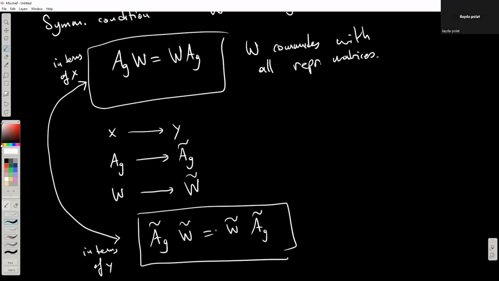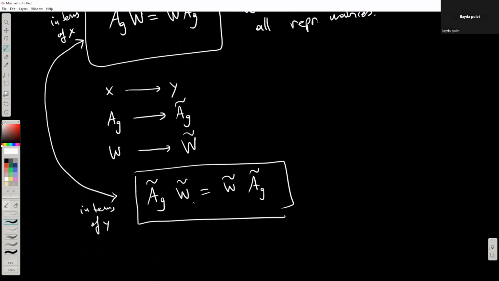If I express this symmetry condition in terms of these normal mode coordinates, we get this. Why did we do this? Okay, so that's the final thing.